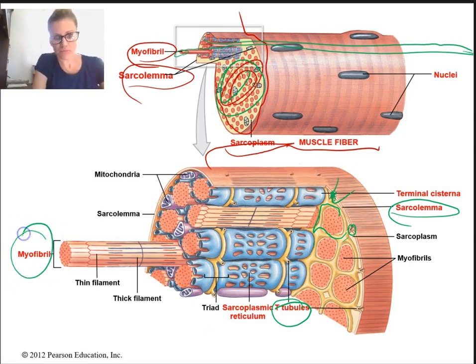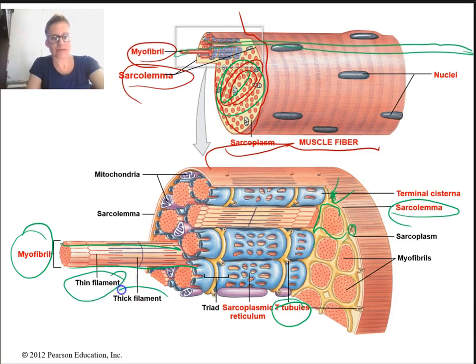The myofibrils, again, are these strands of protein filaments. You'll notice they're made of thin filaments and thick filaments. Don't worry about the organization of them, but just the red lines are showing you thin filaments, the blue lines are showing you thick filaments. And they're organized in a special pattern, but they go all the way down each of these myofibrils.